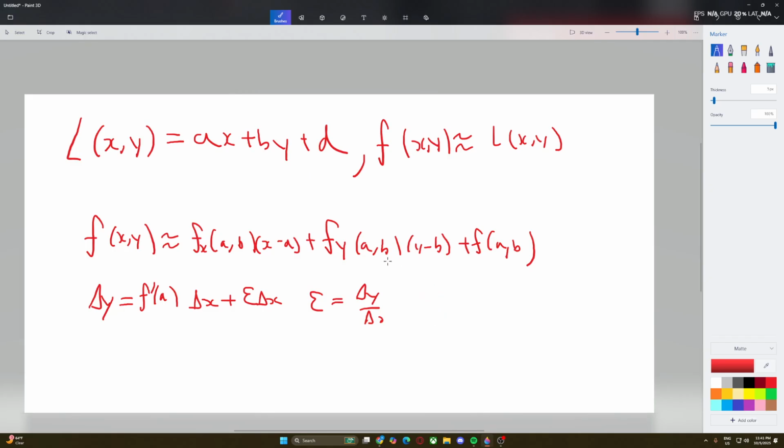So this is actually where you get the chain rule. I'm not going to show it right now.